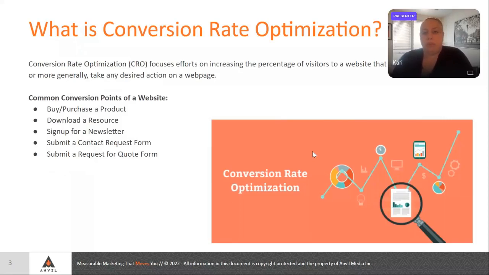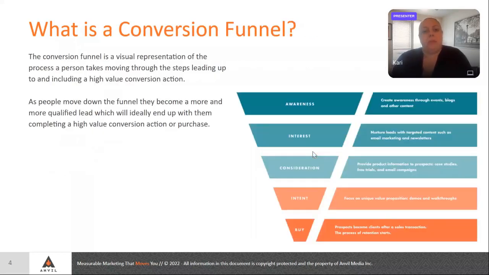So anyone who's buying a product or making a purchase, downloading a resource, signing up for newsletters, submitting a contact form request, a demo request, anything like that, any type of meeting request or resource download or purchase is considered an action that would increase those people who convert into customers. So this is the best way to track your conversion rate optimization and optimize your website best for that effort.